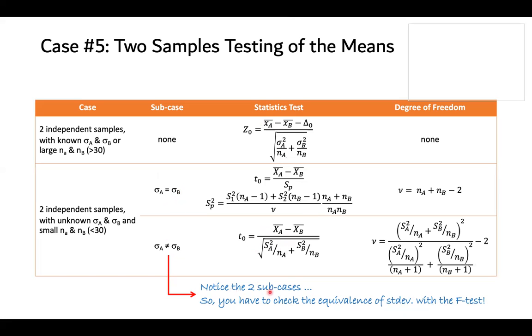You have 2 sub cases, and you have to check the equivalence of standard deviation with the F test. All right, actually there is one more, case number 6, which is paired samples. I'm sorry, I didn't put it here. Please check the handout again. For 2-sample testing of the mean, there are the independent and also the paired. For the pairs, you will use the paired t-test, which has a different formula from this one. So have a look at that one.